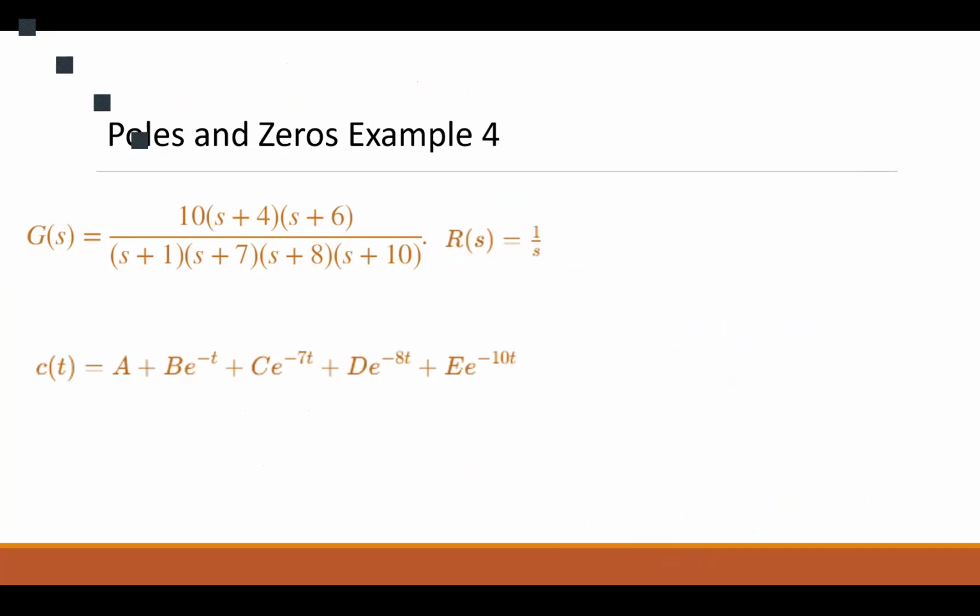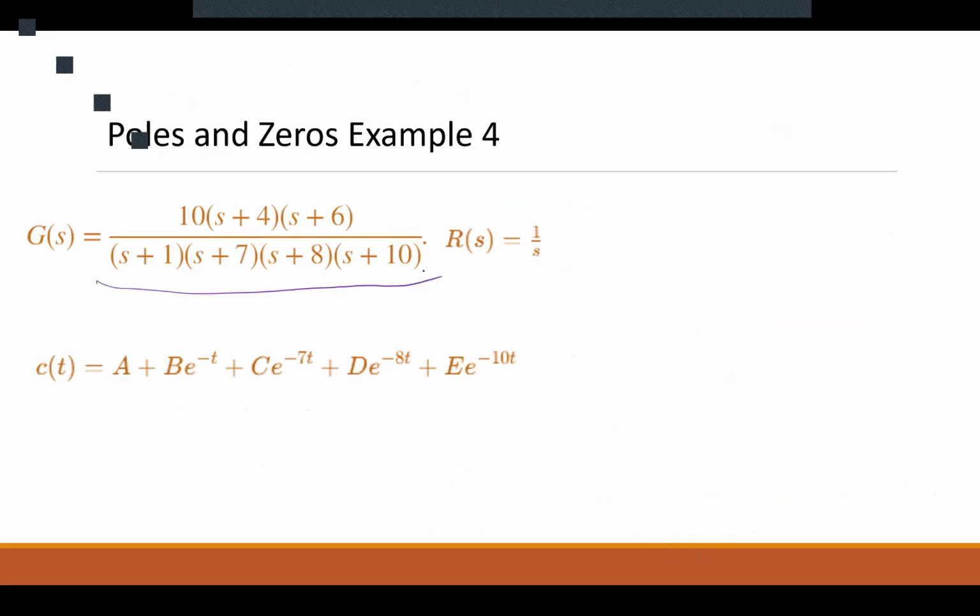Now, another example. We are going to have a G(s) as shown in the slide and a step function as the input.